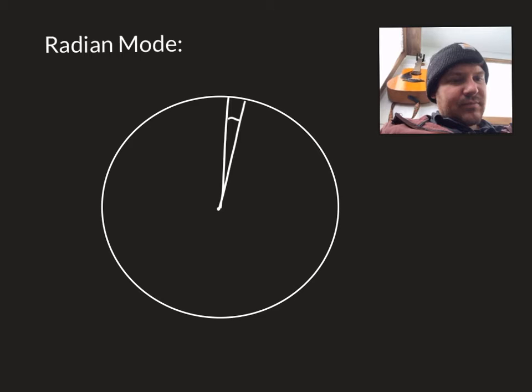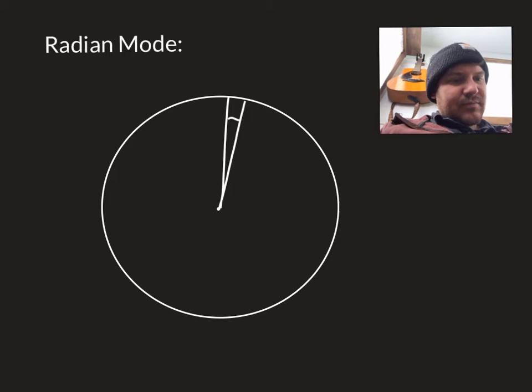Radian mode is going to be much more common next year in algebra or in math 3 when you're graphing functions that are measured in degrees or measured in rotation. So when you're graphing, radian mode is far more common. But radian mode is getting introduced right now.